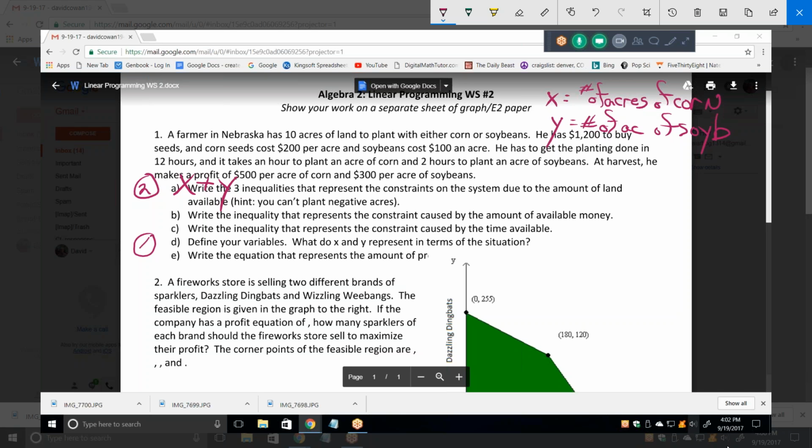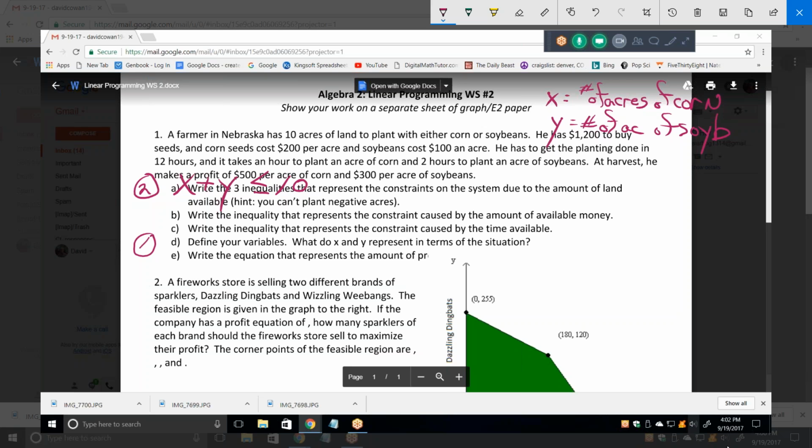So what does X plus Y have to be in terms of an inequality? Remember, X is the number of acres that you're going to plant of corn, and Y is the number of acres that you're going to plant of soybean. So X plus Y is less than or equal to 10? Yep. Can't be more. You can't plant 11 acres of vegetables. He only has 10.